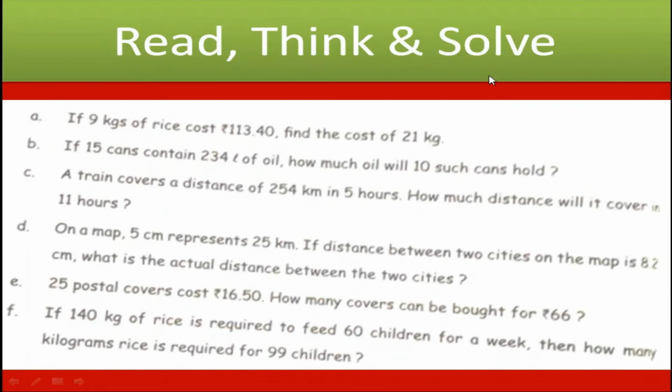Read, think and solve. Question A. If 9 kgs of rice cost rupees 113.40 paise, find the cost of 21 kgs. Solution. Cost of 9 kgs rice is equal to rupees 113.40 paise.